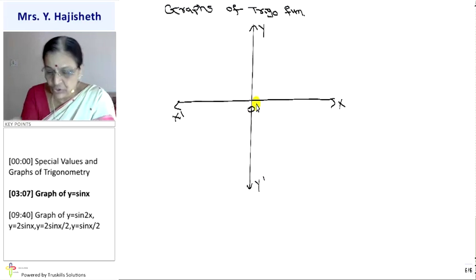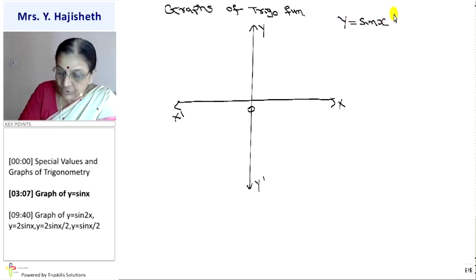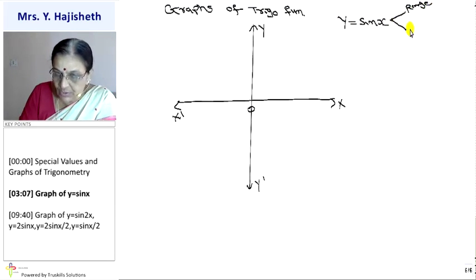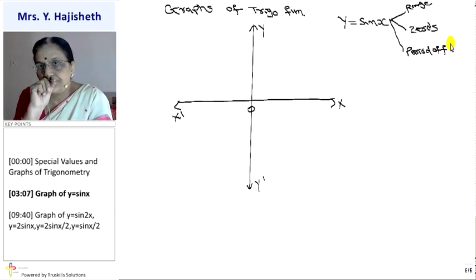Number 1, you must know the range of this function. You must know zeros of this function, and you must know the period of this function. You require knowledge of these 3 concepts.